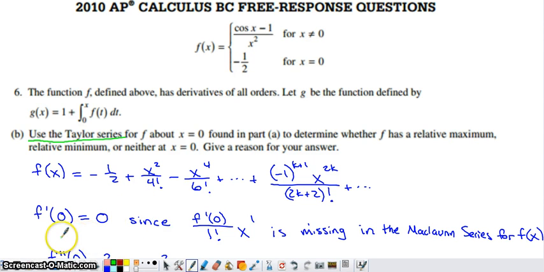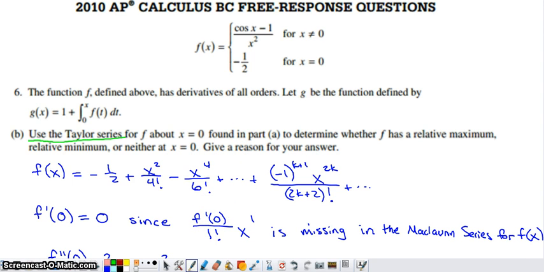What we can go ahead and do is we can recognize that because this series does not contain an x to the first term, the first derivative evaluated at 0 over 1 factorial times x to the first, that has to equal 0. Well, the only way that this can equal 0 is if f prime of 0 is 0. So the fact that there's no x to the first term present within this series implies that the first derivative of f evaluated at 0 is 0.